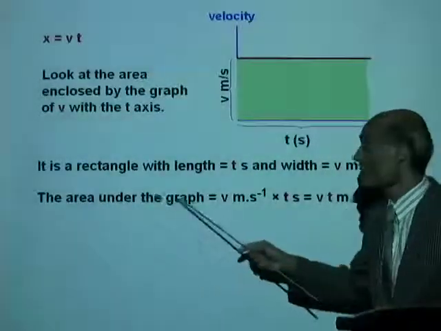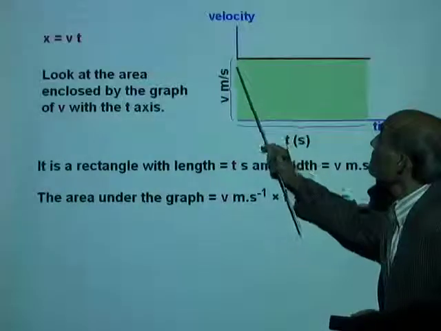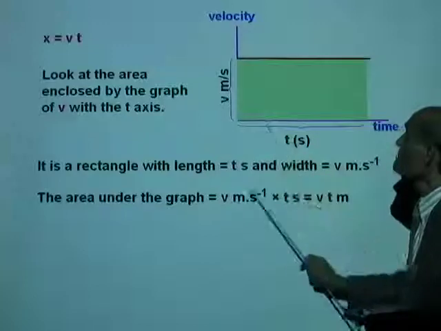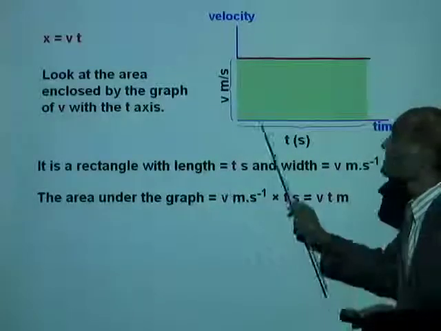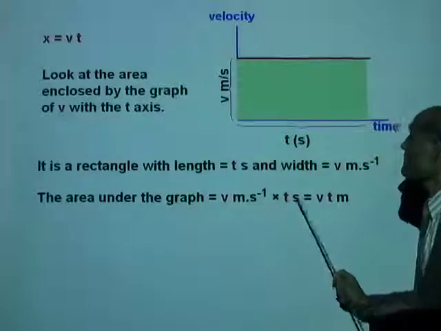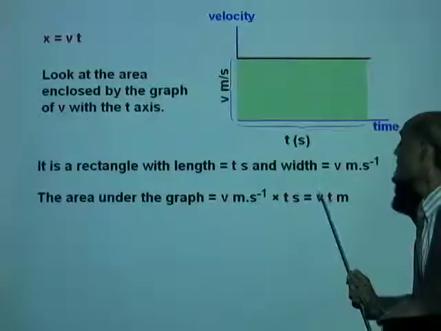Therefore, the area under that graph will be the width multiplied by the length. The width is v meters per second. The length is t seconds. What does that give you? That would be v times t.